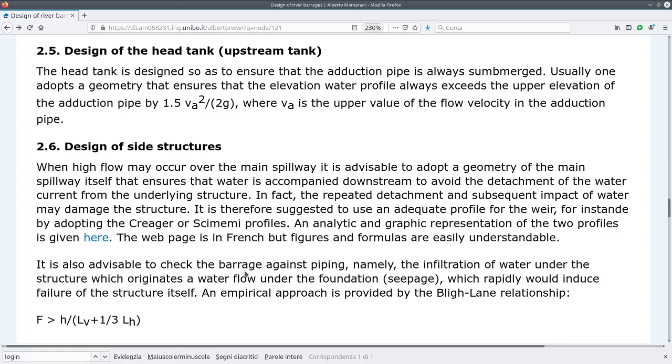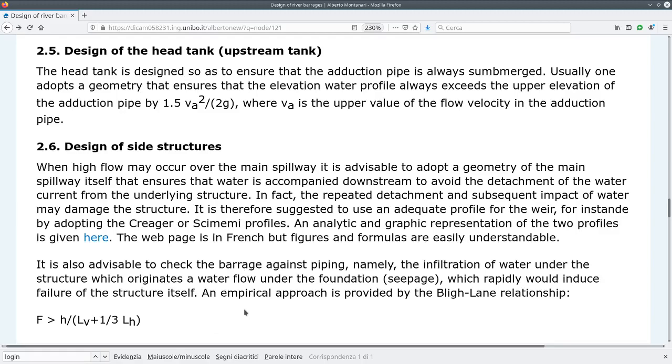So if you have some water that is passing through the structure, then the movement of water progressively enlarges the small underground canals, making them larger. And then they become larger and larger until you have a massive flow below the structure, which provokes the failure of the structure itself. So piping is something that, as I said, we need to absolutely avoid.